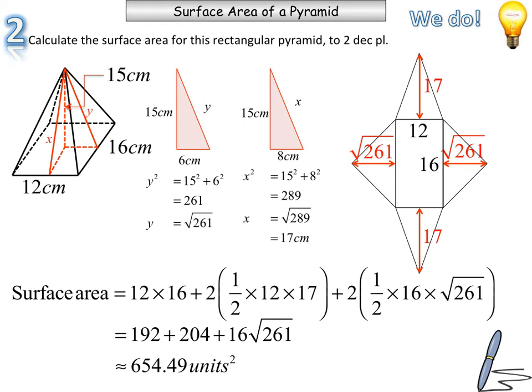So just to recap on that question, that pyramid didn't have the perpendicular heights on the triangular faces, so we worked those out in order to work out the area of the triangles, and that was done through 2 lots of Pythagoras.